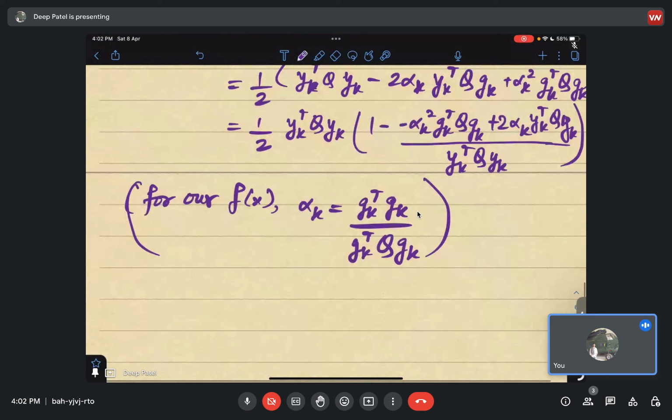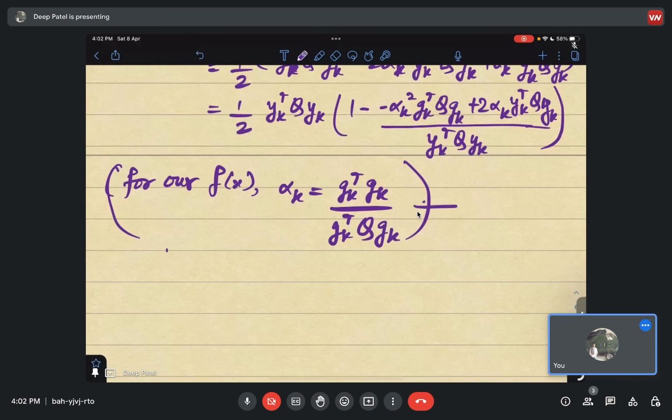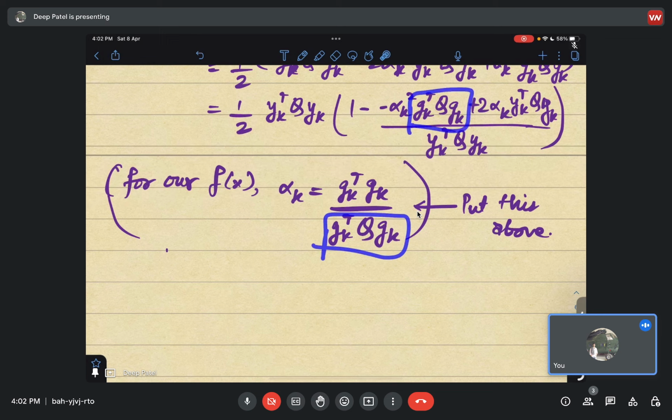So we'll just put this alpha. The expression will simplify probably after that. You can anticipate these kinds of terms getting cancelled out. It will still be a bit lengthy. It won't be completely straightforward.